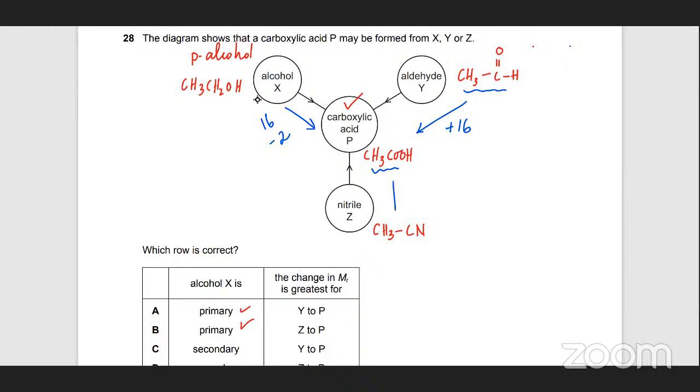Over here, what's happening? There's an N getting lost, so that's -14. Plus there are 2 oxygens, that's 32, plus 1 hydrogen getting added. So what is 33 minus 14? That's 19. So I think the greatest change is Z to P.